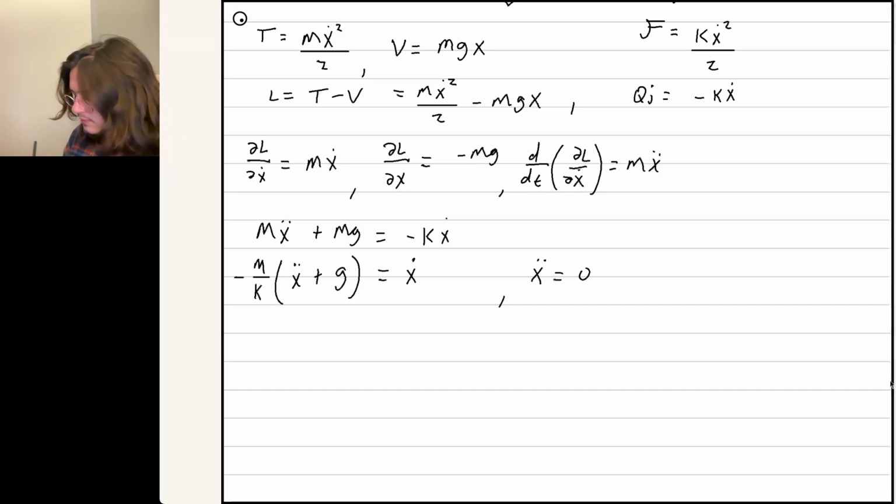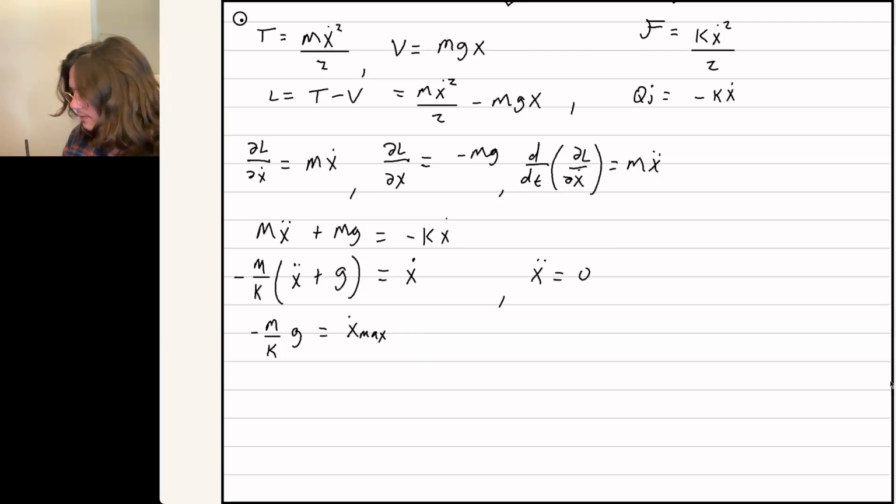So plugging that into our equation of motion, we have minus m over k times g is equal to v max, which is actually x dot max, if you want to be technical about it.